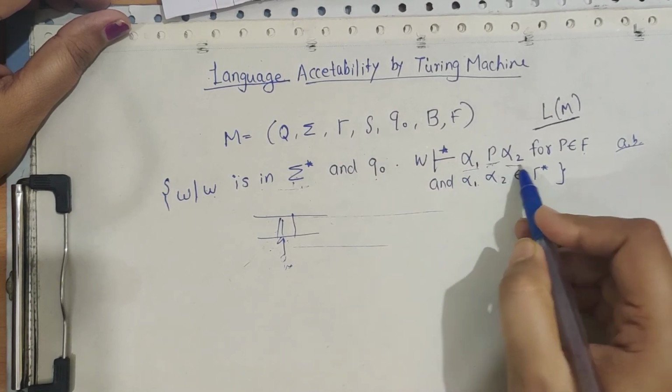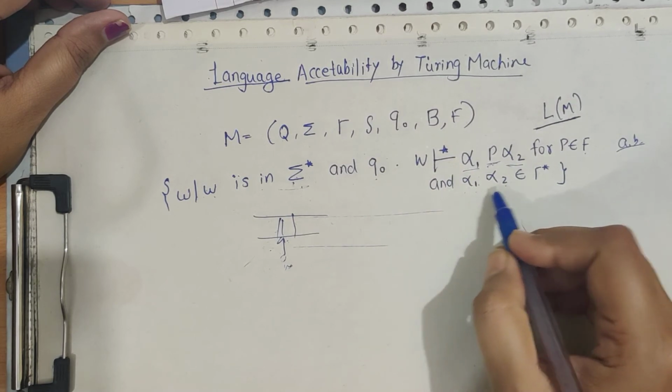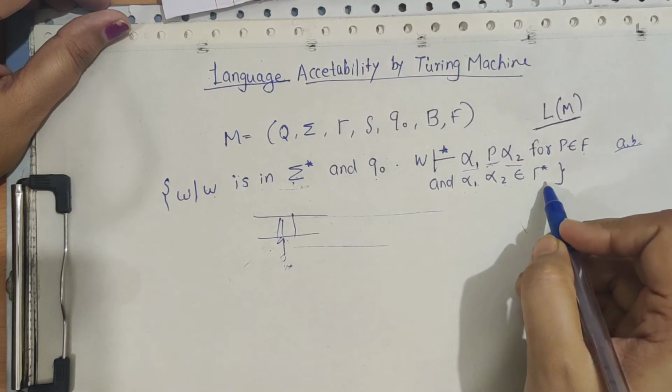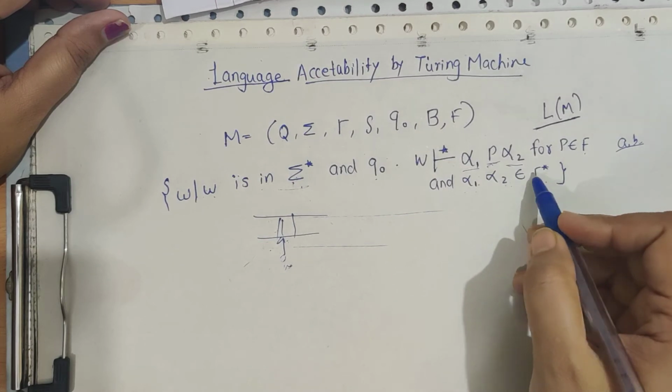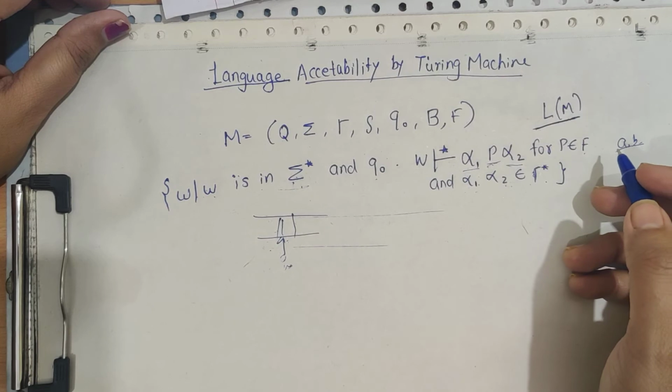This is the left substring and this is the right substring, where alpha 1 and alpha 2 belong to tau star. Tau star includes the blank also.